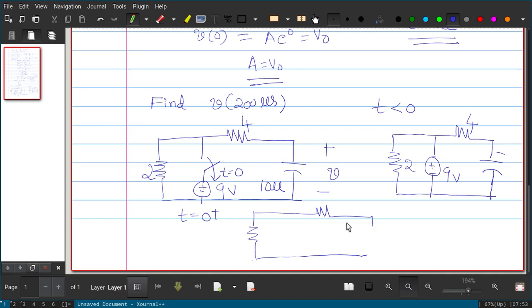The voltage across the capacitor at t equal to 0 minus, just before opening the switch, was 9 volt, so V of 0 minus is 9 volt, because the 9 volt battery is across this capacitor. But at 0 plus, the switch is opened, and the voltage across the capacitor will not change instantaneously, so it can be modeled as a voltage source of 9 volt, with the 4 and the 2.